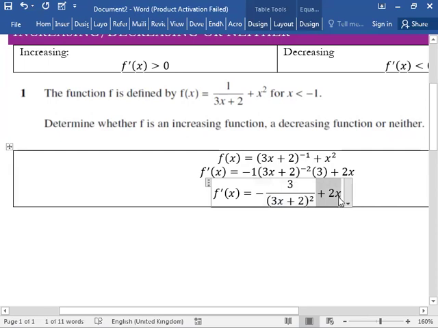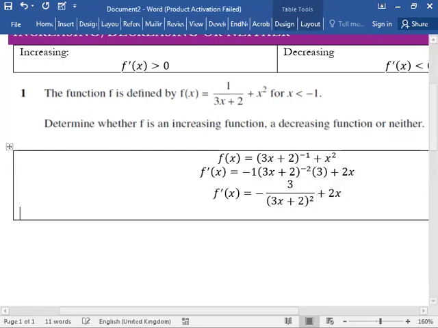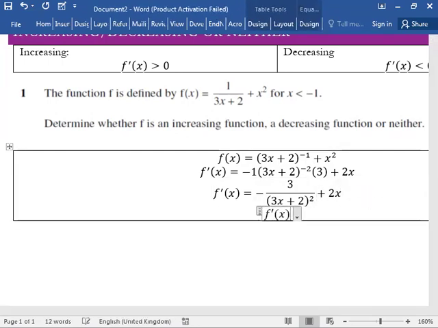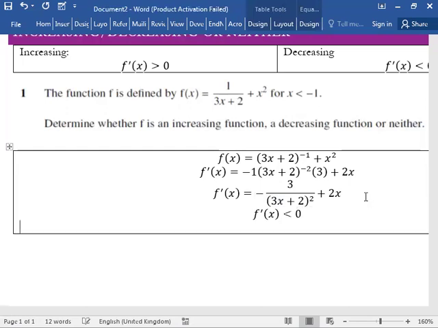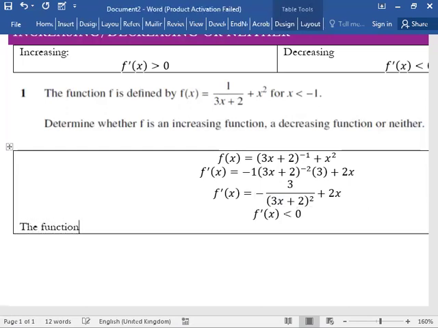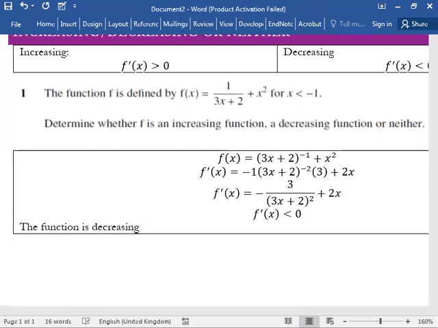The two negatives will add up, and the final answer will still be negative, like negative 3 minus 2 is negative 5. So can I say that for the given domain, f'(x) is less than 0, so the function is, what can I say about the function? Decreasing function. Is this clear?